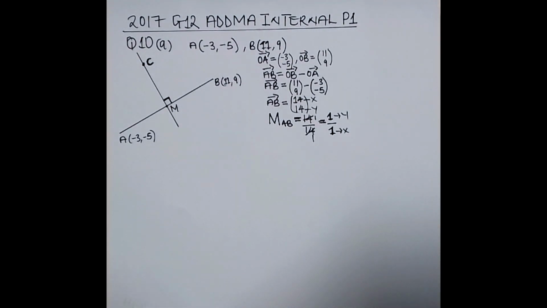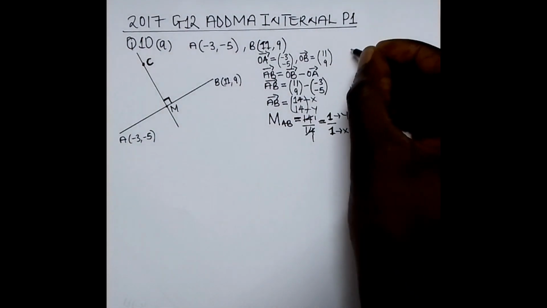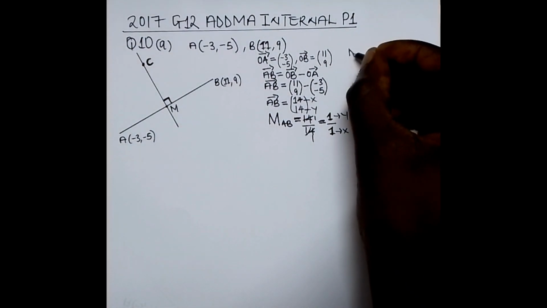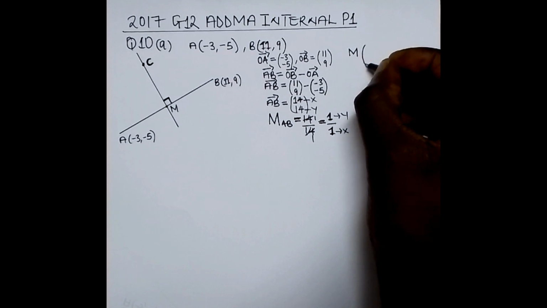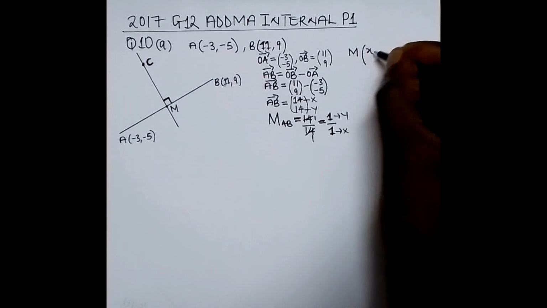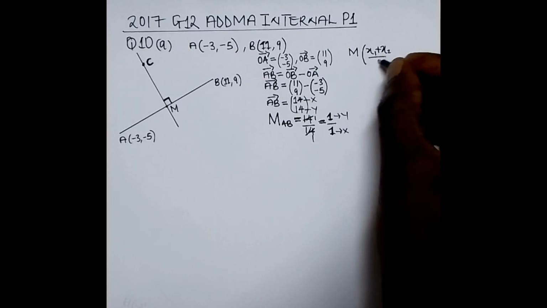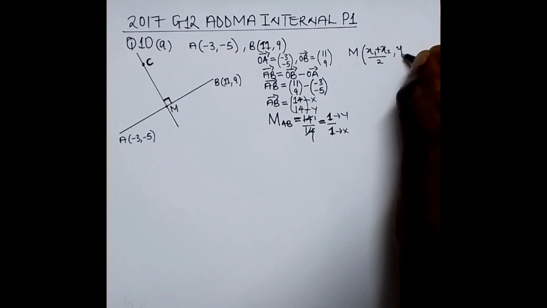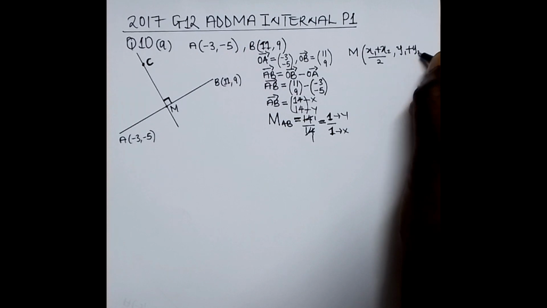Then let's get the midpoint M. To get the midpoint M, I'll show it from this side. So midpoint M, the formula is just a simple one: x1 plus x2 over 2, comma, y1 plus y2 over 2.